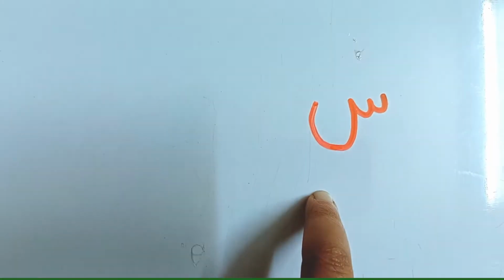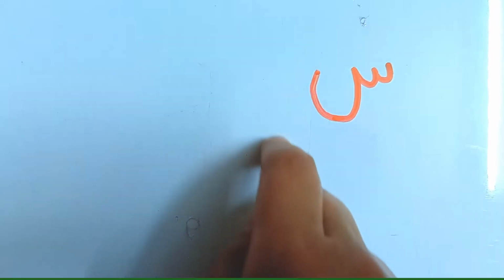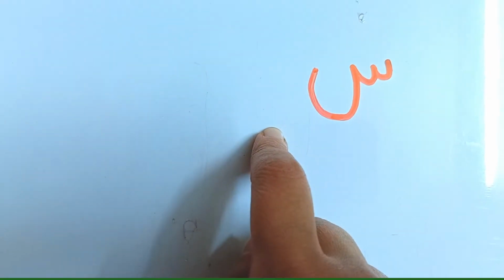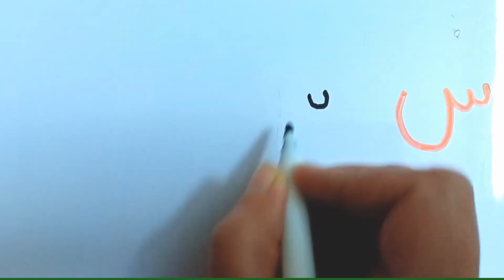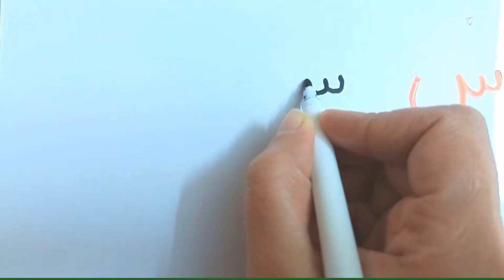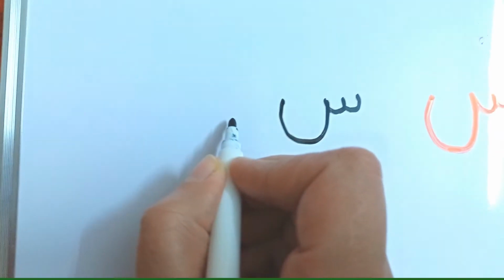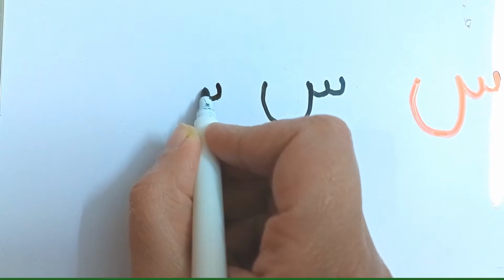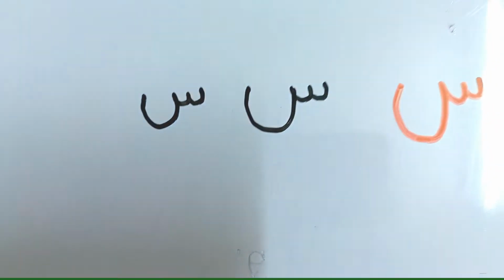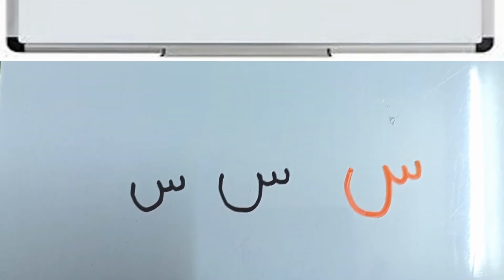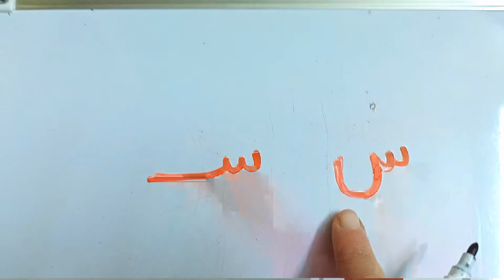This is the letter Sin. It looks like two small semicircles and a big semicircle. The letter Sin.